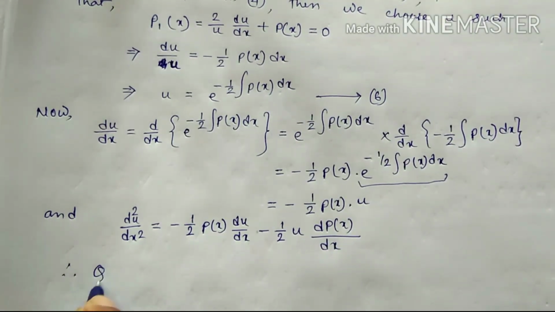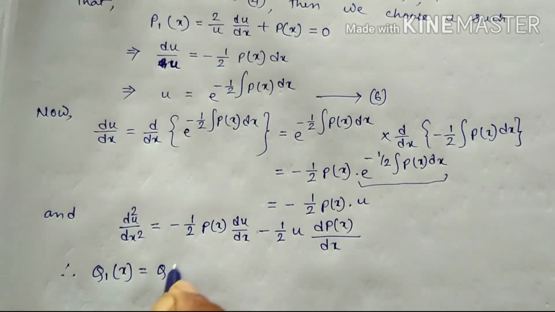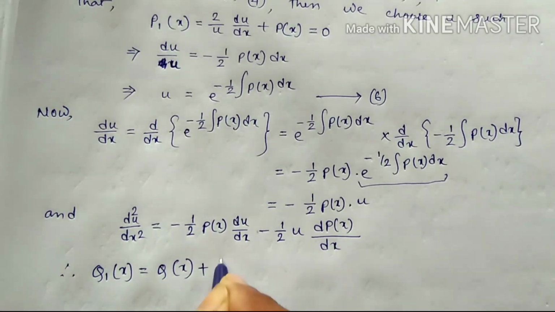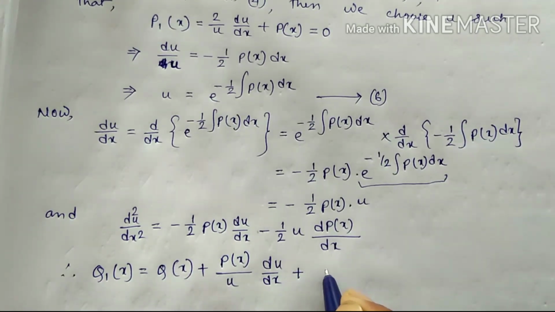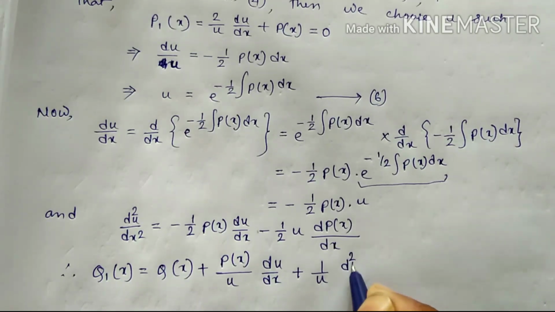Therefore q1 of x is equal to q of x plus p of x divided by u du by dx plus 1 by u d2u upon dx square.